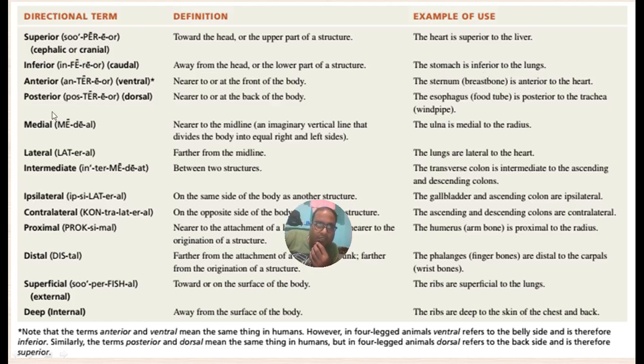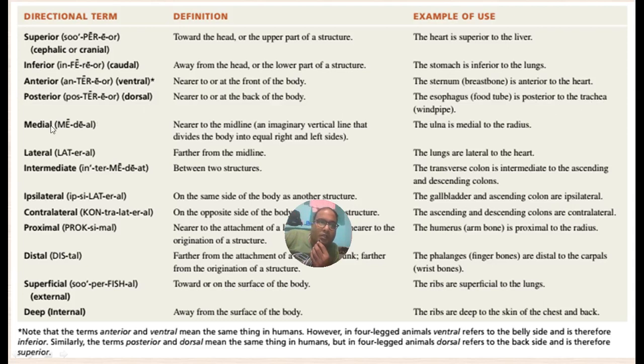Anterior, we can say, nearer to or in the front of the body, like the sternum or breastbone is anterior to the heart. Posterior is the opposite, meaning the dorsal region, nearer to the back of the body. When we are talking about the back, we use the term posterior, like the esophagus, the food tube, is posterior to the trachea, that is the windpipe.